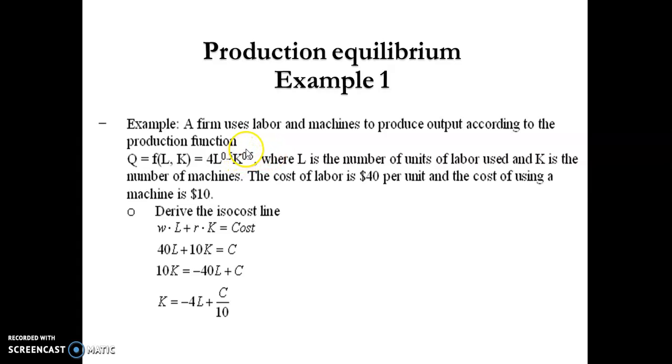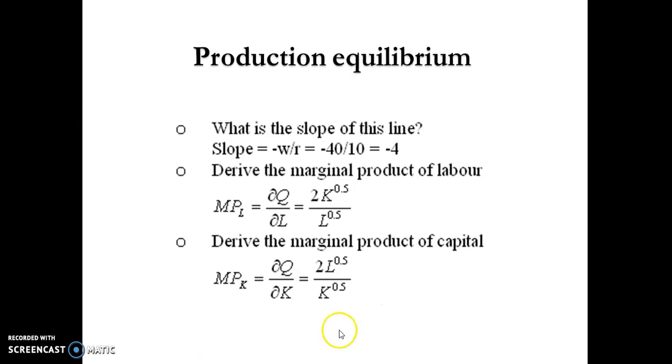So that's K to the power of minus 0.5, which I can put in the denominator. But remember here, you now have 0.5 and you can multiply it by that 4. So you end up having 2L to the power of 0.5, and K to the power of 0.5 in the denominator. So there you have your marginal product of labor and marginal product of capital.